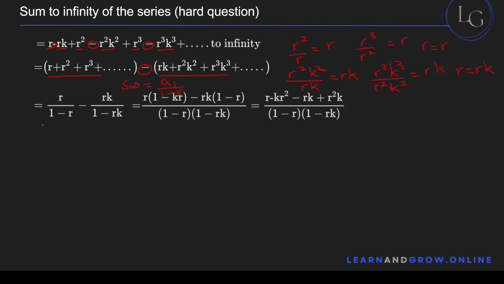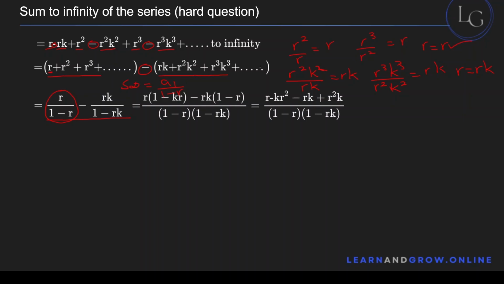The S infinity for this geometric series is this, because A1 is R, which is the first term, and the common ratio is R, so 1 minus R.